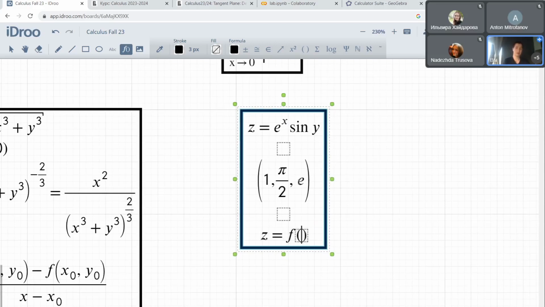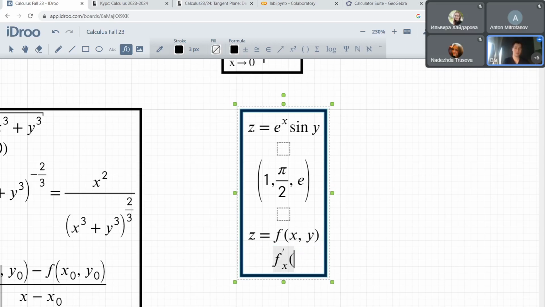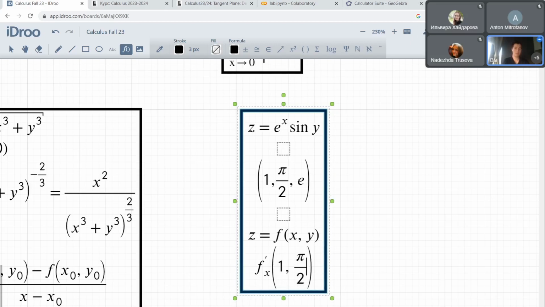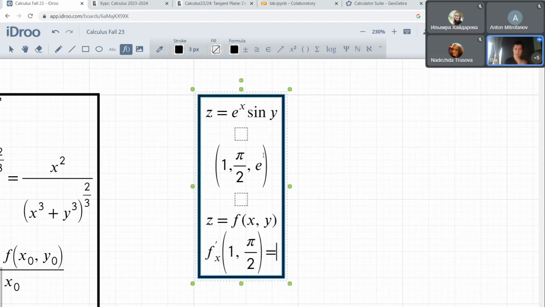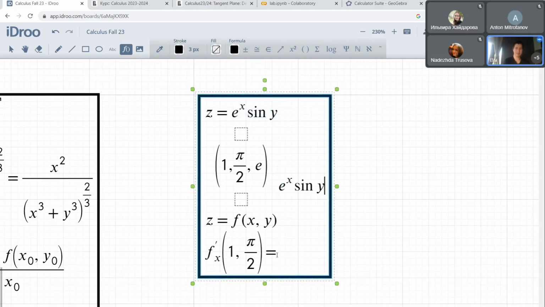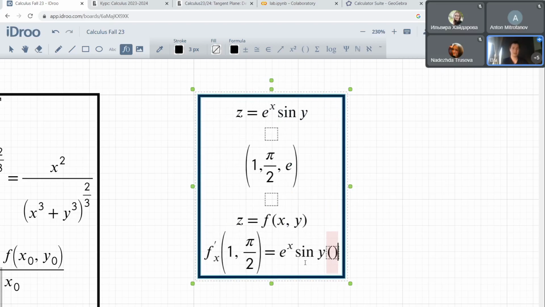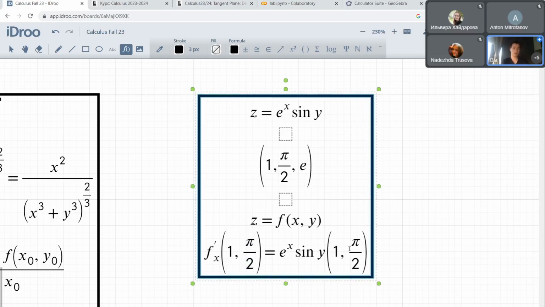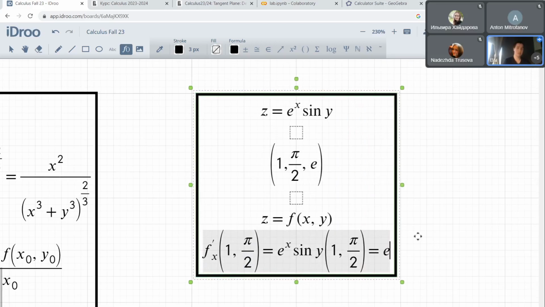z is a function of x and y, and I can easily compute the partial derivative at the point (1, π/2). It's easy. It's still the exponent times sine y at this point, and we know it equals e.